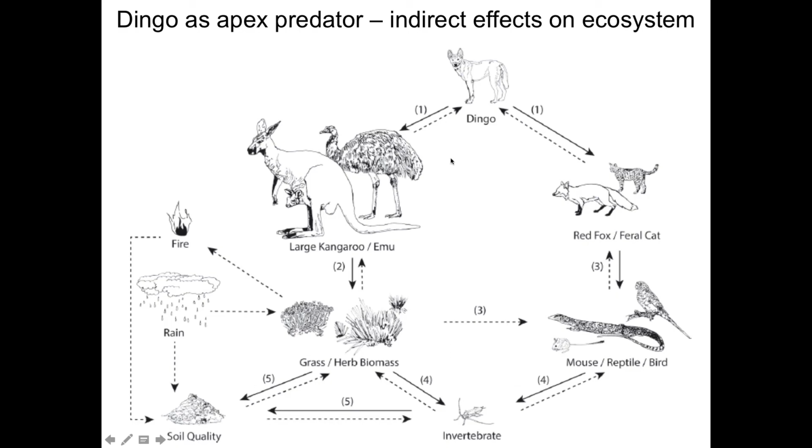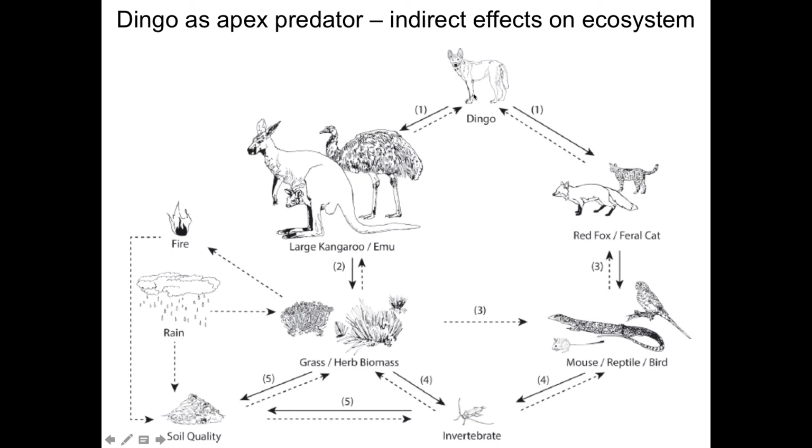In the Australian system, dingoes are an apex predator, and the presence of dingoes seems to have wide-ranging indirect effects on the ecosystem as well. So, for example, it's hypothesized that dingoes can have a suppressing effect on foxes and cats. So where you have increased numbers of dingoes, you may have greater numbers of the prey of foxes and cats, i.e. small goannas and mice and small mammals.